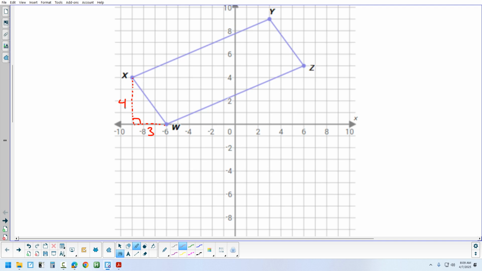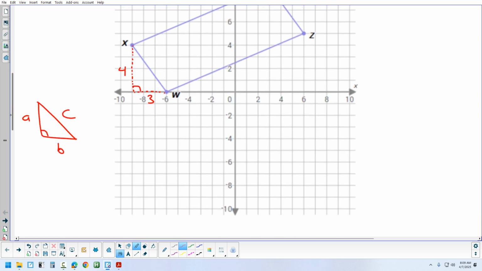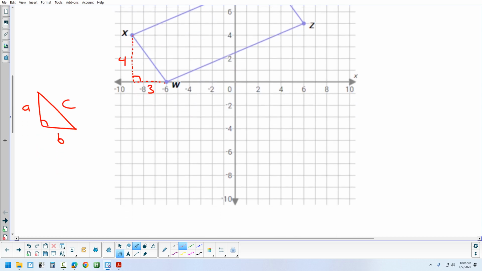Yeah, the Pythagorean theorem. If you've got a right triangle, let's actually draw a triangle. It looks like that. Usually we label the sides A, B, and C. Does anybody remember the formula for the Pythagorean theorem?